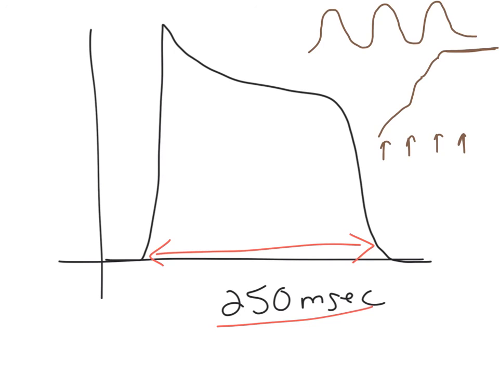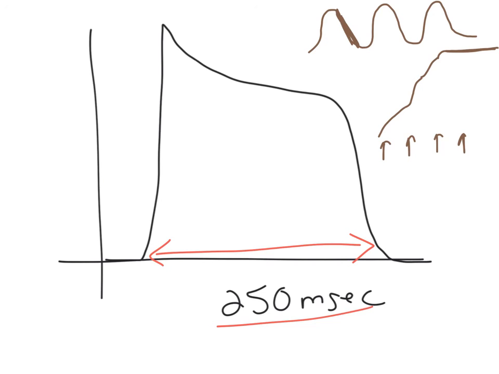You have to appreciate that in cardiac muscle, it must relax and then contract again so that the heart can fill with blood. So this relaxation phase here is important so that the heart can fill with blood and therefore be pumped.